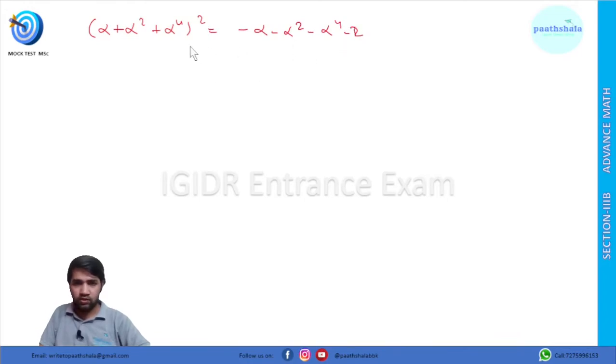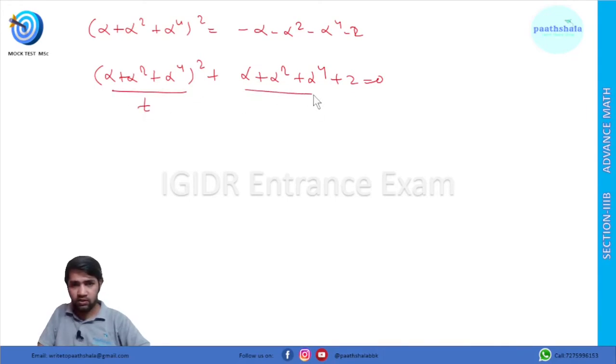Okay, now shift all terms to the left side. So alpha plus alpha square plus alpha power 4 whole square plus alpha plus alpha square plus alpha power 4 plus 2 equals to 0. If I take this as t, so this is also t, so this will become t square plus t plus 2 equals to 0. Now solve this using quadratic formula.